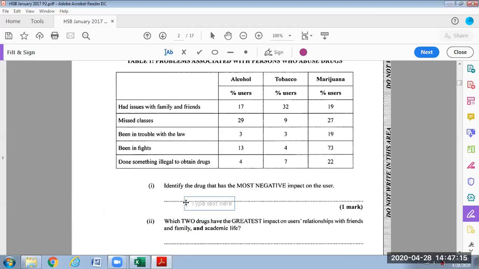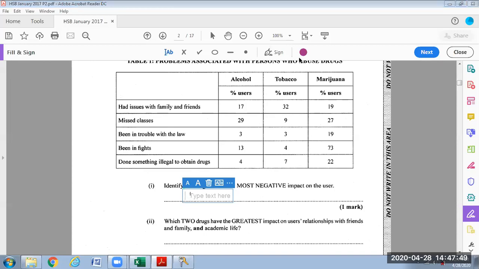You all said tobacco. All right, so if you were to add up this compared to marijuana now, I find marijuana values looking larger. Again, you're picking the one that has the most figures, because obviously that would mean that those who use this particular drug will have a lot of these issues here.